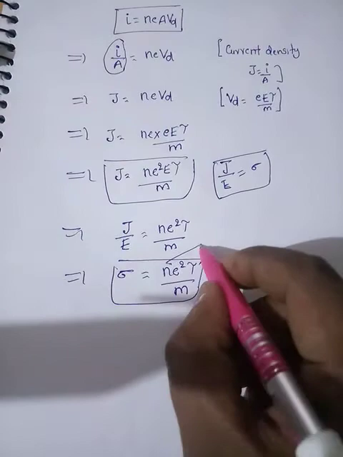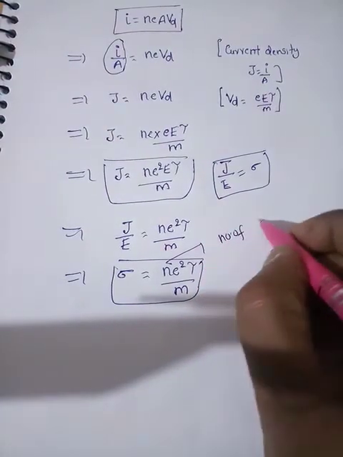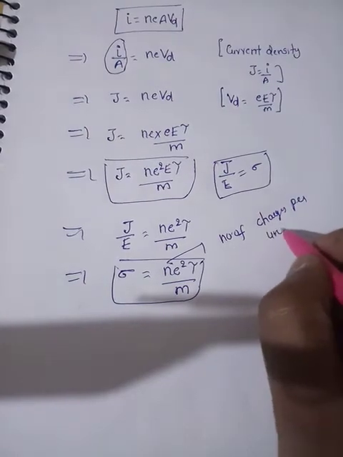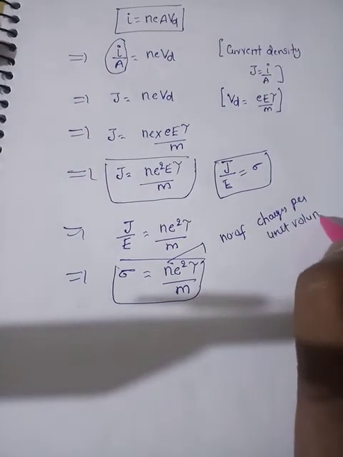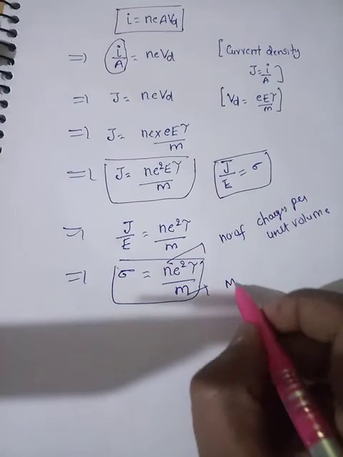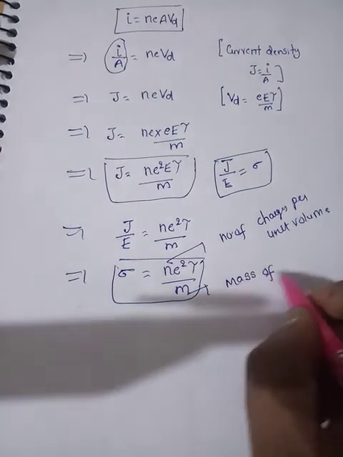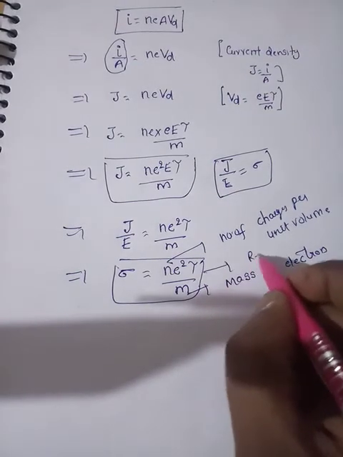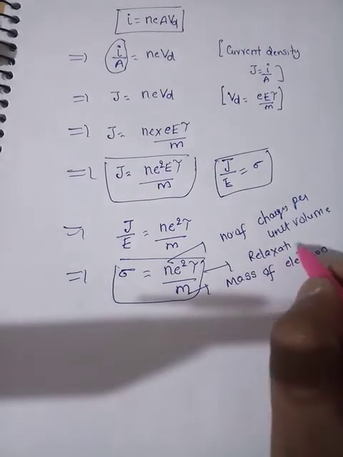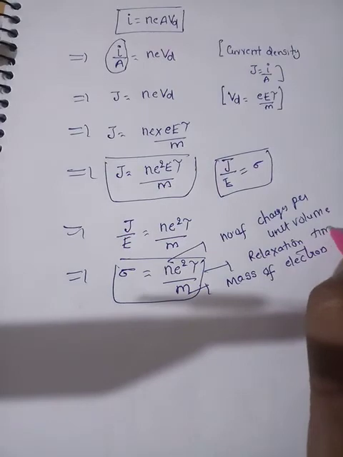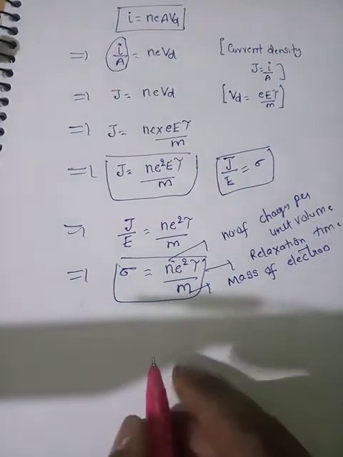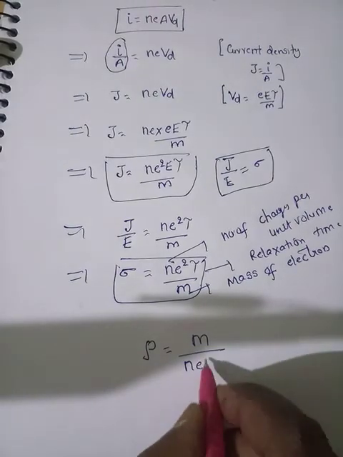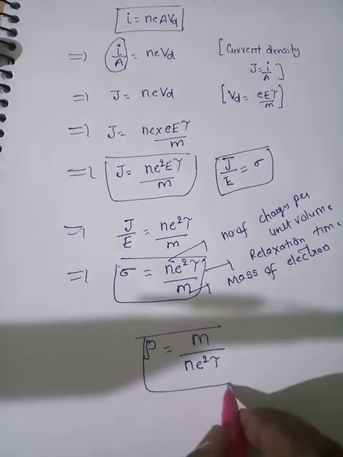So here n is number of charges per unit volume, m is mass of electron, tau is relaxation time. As we already said that reciprocal of conductivity is resistivity. So rho is equals to, if you reverse that, m by ne squared τ.